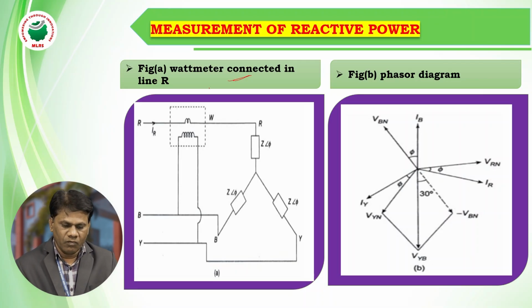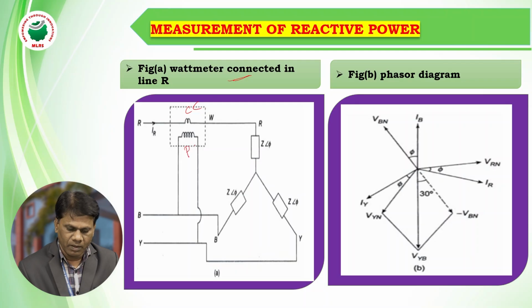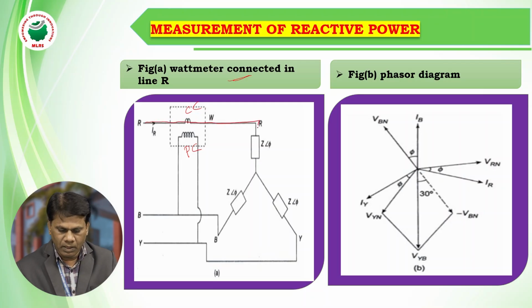Here one wattmeter is connected in the R phase. This is the current coil of the wattmeter, and this is the pressure coil. The wattmeter current coil is connected in the R line, whereas the pressure coil, for the measurement of reactive power, is connected between the other two lines, B and Y. It is not connected in the R phase.